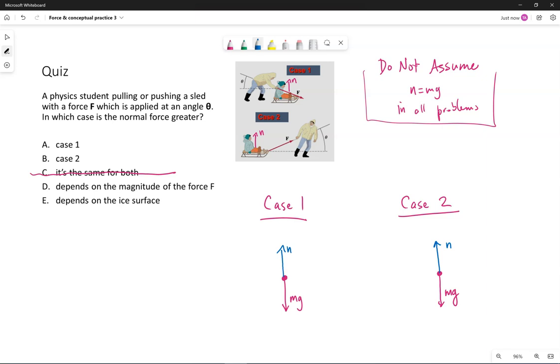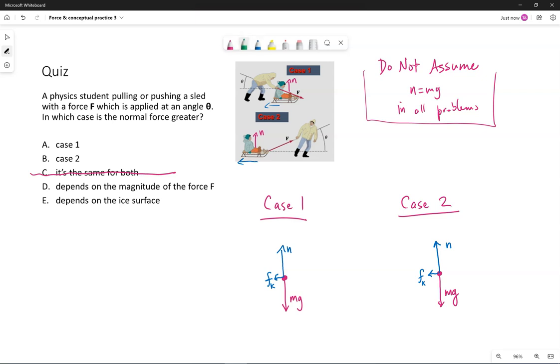I assume a sled on snow would have very little friction, but if it did have even just a little, it would oppose the motion in either case. So I'm going to draw a little friction in both cases. It's specifically kinetic friction because the sled is sliding on the snow.